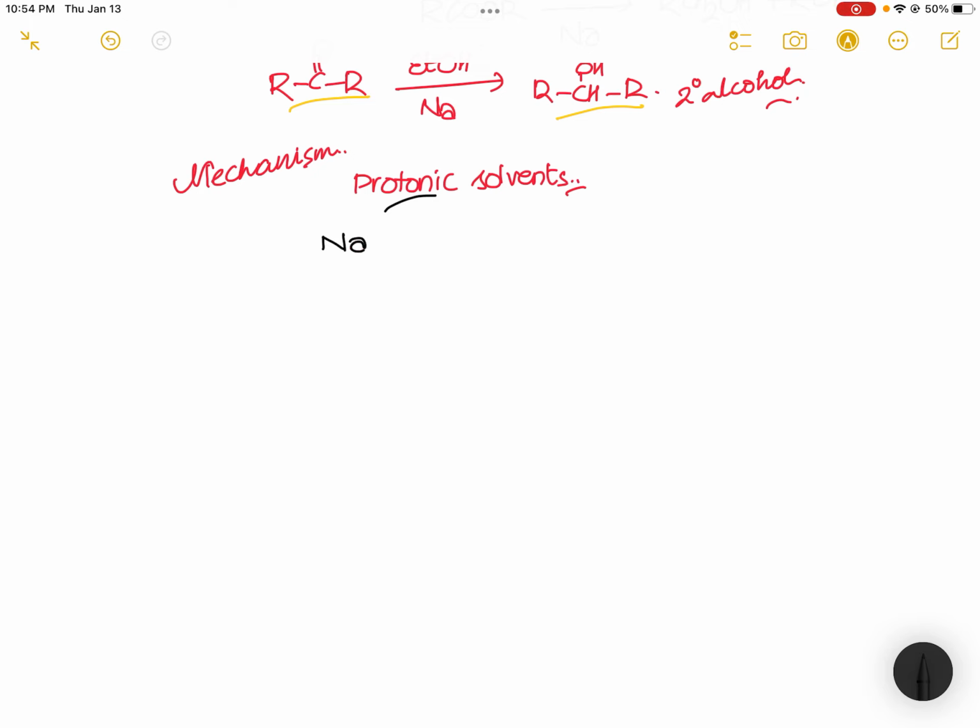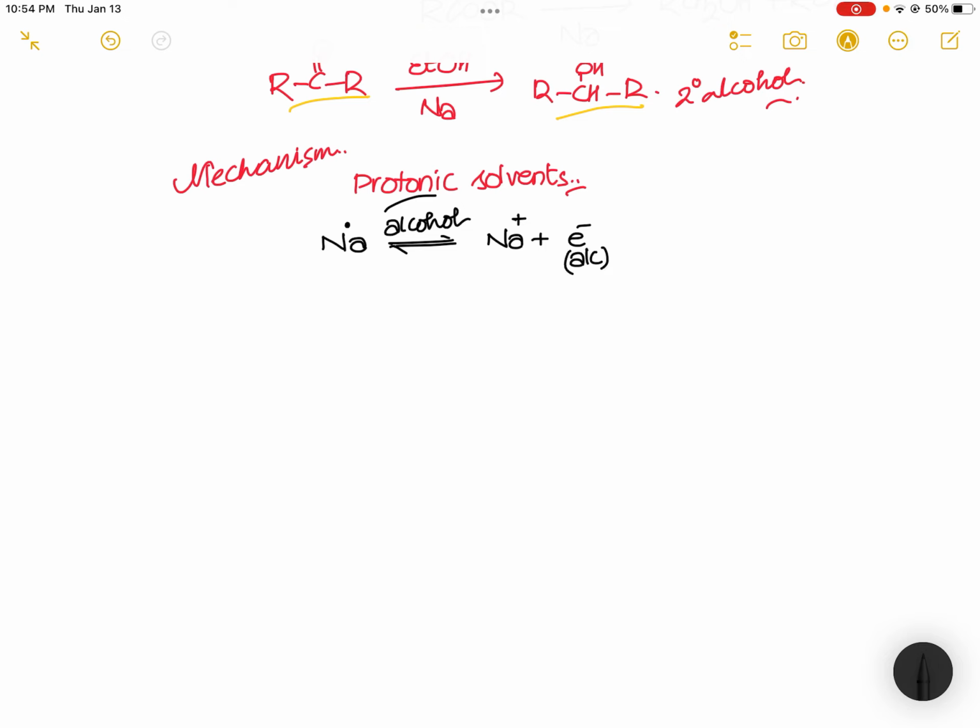Now we know that sodium contains one extra electron. In the presence of alcohol, sodium readily loses its electron. These electrons are freely moving in alcohol.